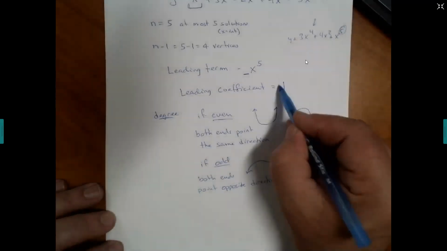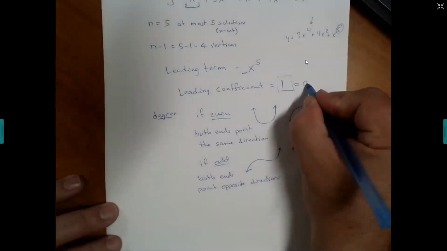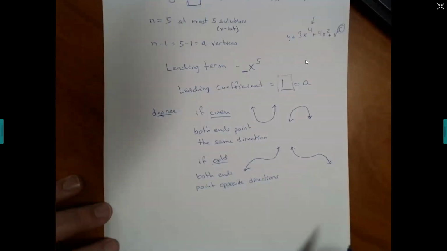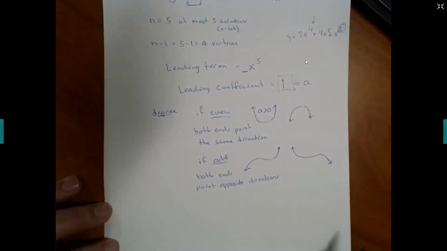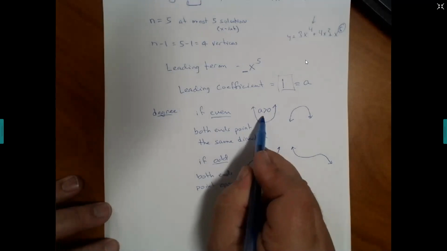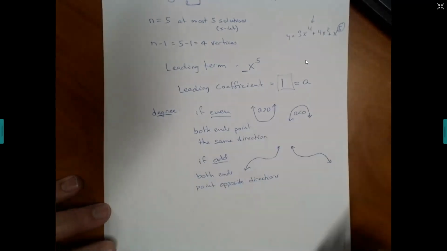But the leading coefficient tells us which one's which. Remember, this is the A value, the leading term, A. If A is positive, it points up. If it's even and the coefficient's positive, it points up. If A is negative, it points down.